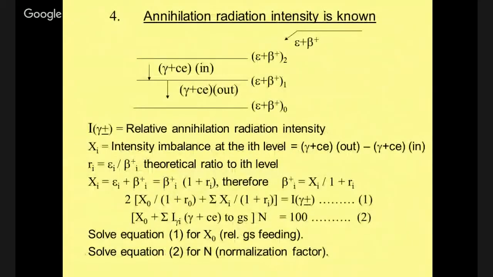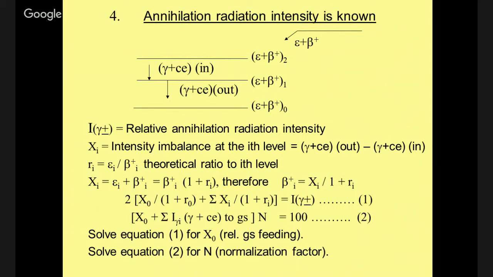Okay, here is something that is very interesting. If you have annihilation radiation, it is known, a paper publishes annihilation radiation of a beta plus, electron capture decay, and you don't know how much goes to the ground state. You can determine that from the annihilation radiation. How? Let's suppose the annihilation radiation is this value.